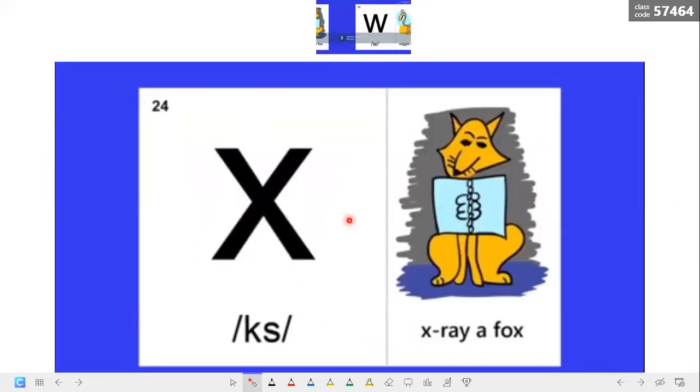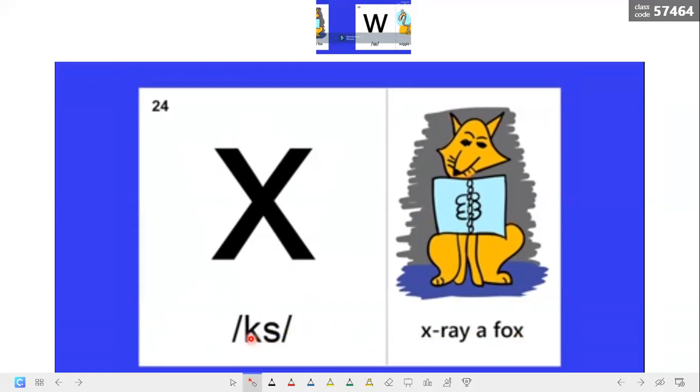The letter X. The letter X has 2 consonants. When we pronounce the letter X, it is produced with 2 consonants: K, S. X. So we say X-ray, X-ray, and also we say fox, fox.